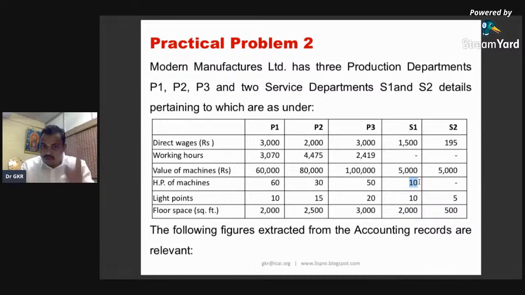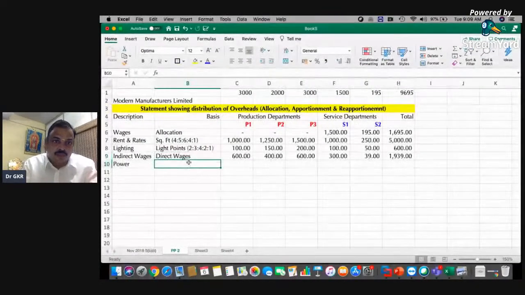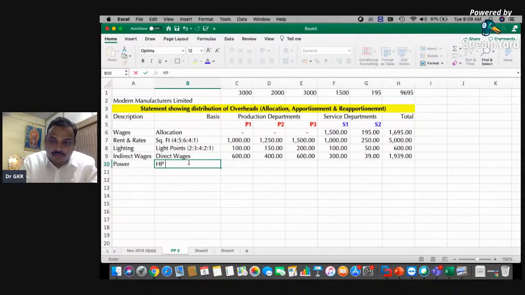Therefore horsepower. So 60 is to 30 to 50 to 10. So divide by 10. It is 6 is to 3 is to 5 is to 1. So total is 6 plus 3 is 9, 9 plus 5 is 14, plus 1 is 15. So 6 by 15, 3 by 15, 5 by 15, and 1 by 15. So that is the ratio. So horsepower, which is 6 is to 3 is to 5 is to 1.